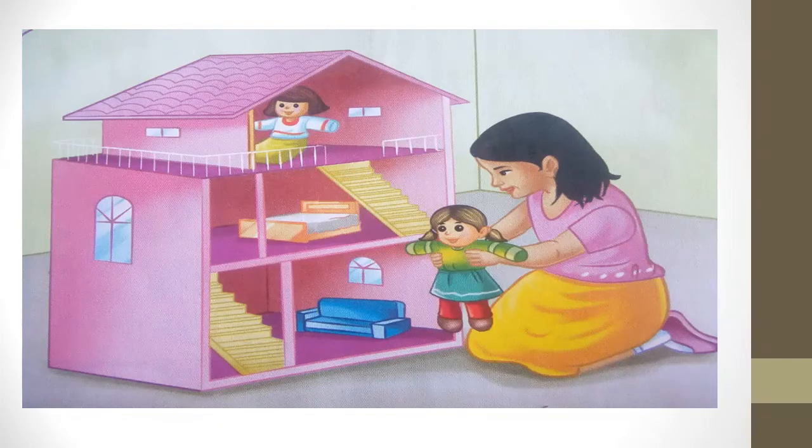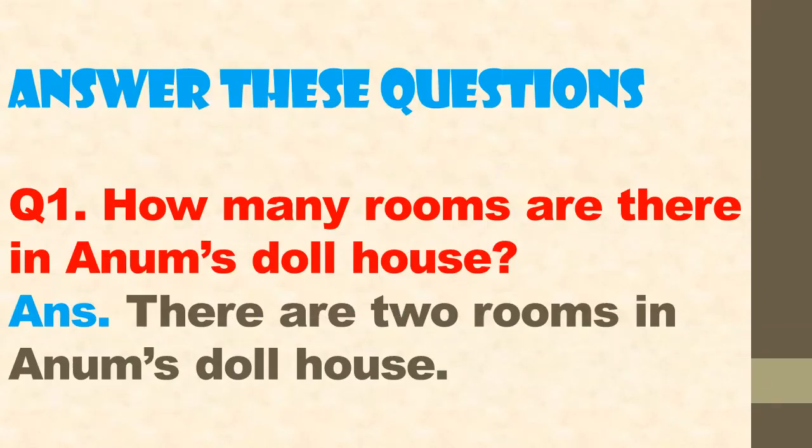Okay, now move on to the next slide. Here you have been given some questions. And question number 1 is, how many rooms are there in Anam's doll house? Now again look at your book, page number 22.